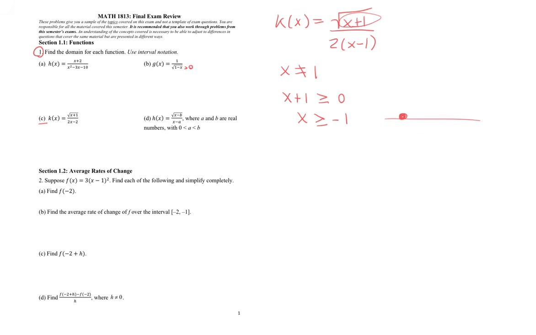I'm going to draw a filled-in circle for negative 1, and then an open circle for 1, since it's not included. And then x needs to be greater than or equal to negative 1, but it cannot be 1. So our domain should be from negative 1 to 1, parentheses, union, 1 to infinity.